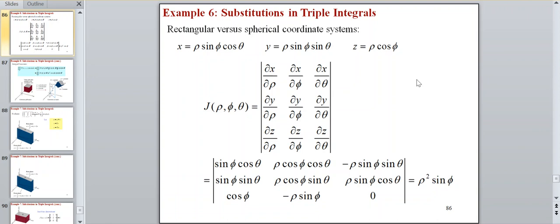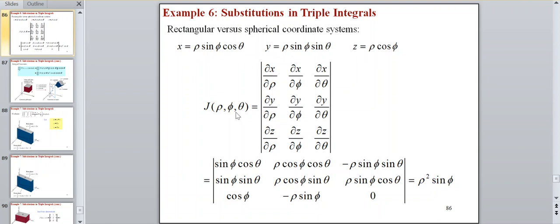Actually, when we are calculating a triple integral in a spherical coordinate system, it means we are using a spherical coordinate system for our substitution. So actually x, y, and z are each a function of rho, phi, theta. You can see here, x, y, z are all functions of rho, phi, theta. So this is x, this is y, this is z.